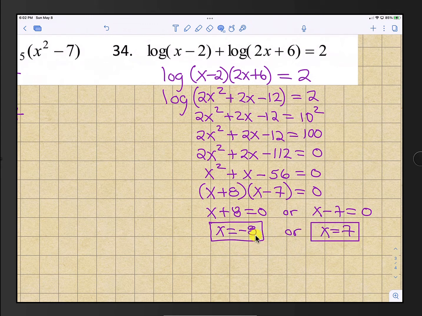But we're going to have to cross out the negative 8, and that's because when you substitute negative 8 into the original, you end up taking the log of a negative number. Because negative 8 minus 2 would be negative 10, and the log of negative 10 is undefined. So we end up crossing out the negative 8 as a potential answer, so the only answer we have is x equals 7.